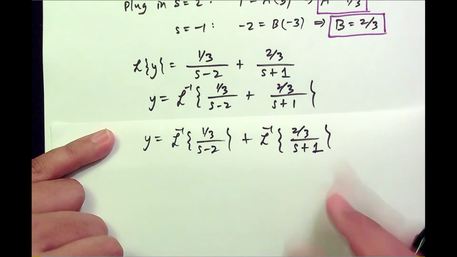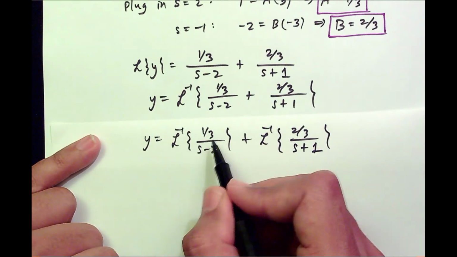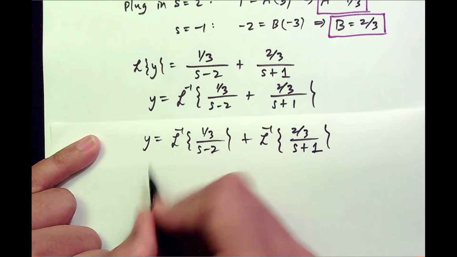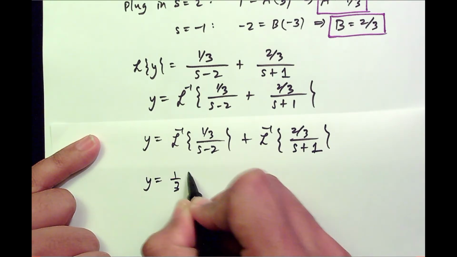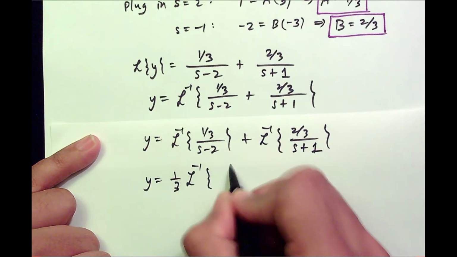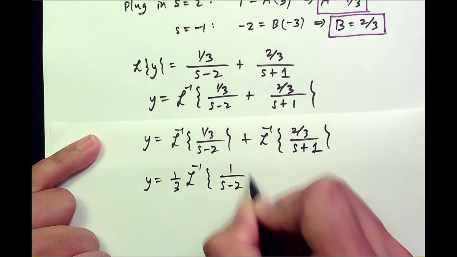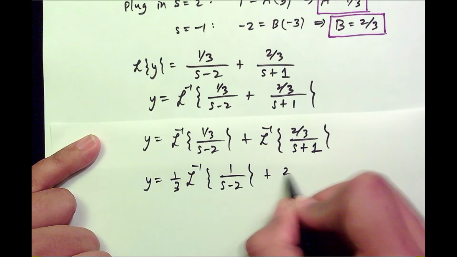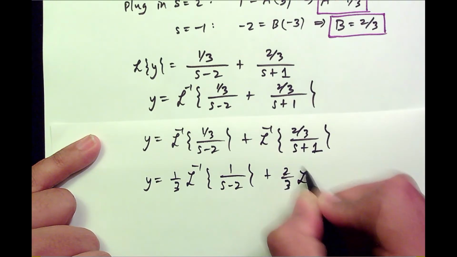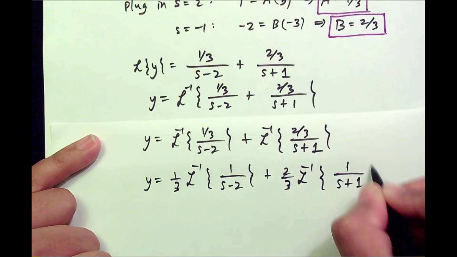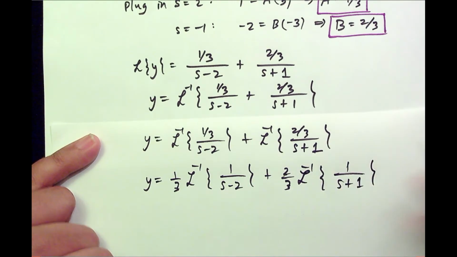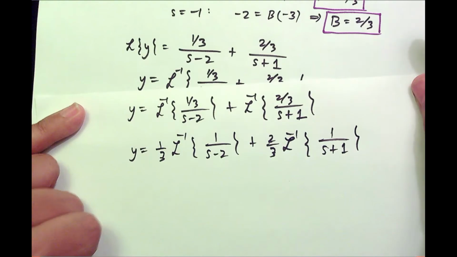So break it up into the sum, and then you can also take out the constants. So that means y equals 1/3 Laplace inverse of 1 over s minus 2 plus 2/3 Laplace inverse of 1 over s plus 1. And now we're almost done.